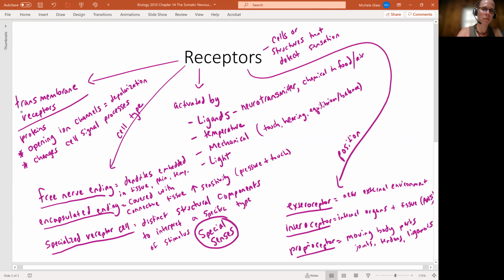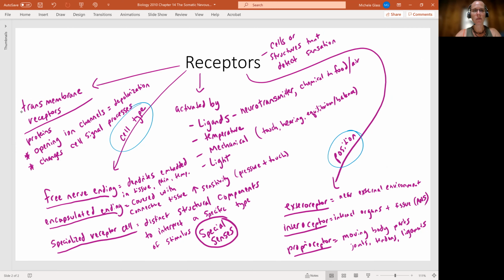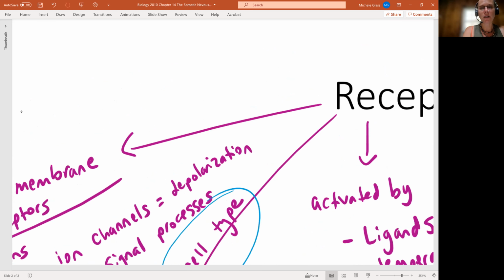We talked about position, but we're also going to see we can do it based on function. So I'm going to make a little bit of room here to talk about our different functional descriptions.